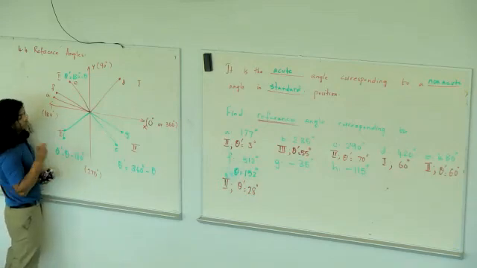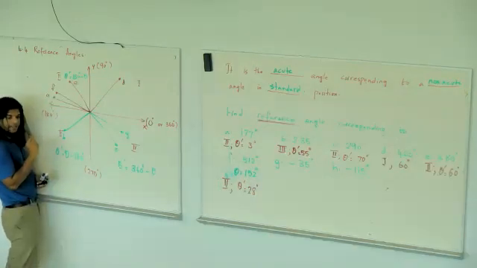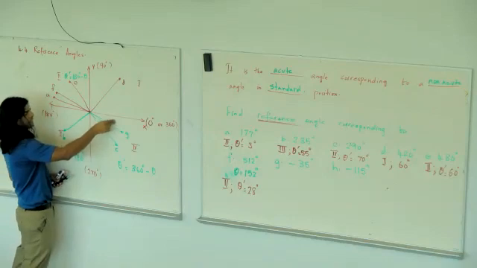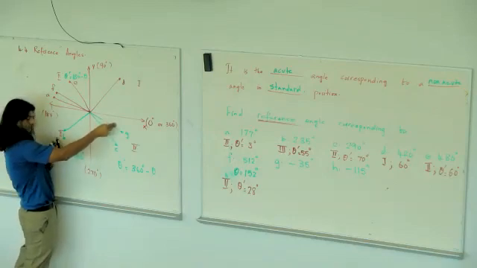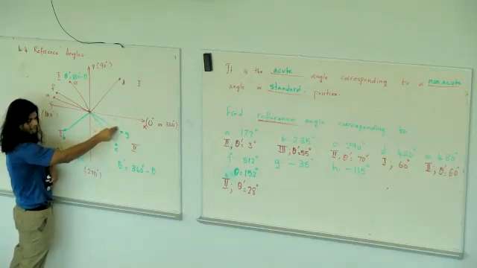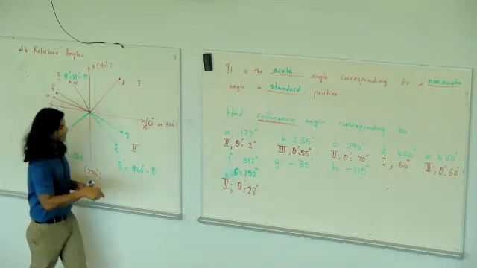So the first step is to find the positive angle corresponding to that negative angle. If you have 35 over here, what do we get? The positive angle. 325.